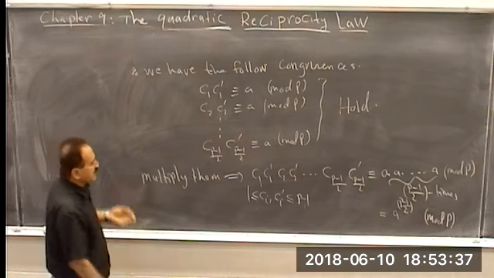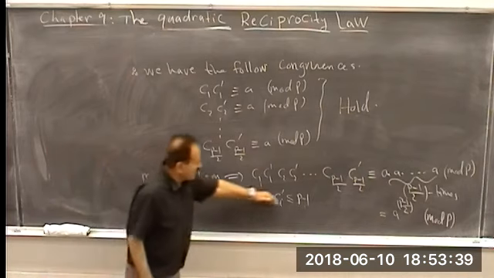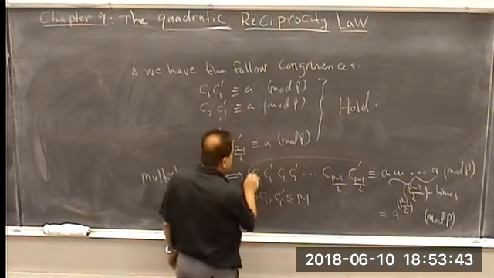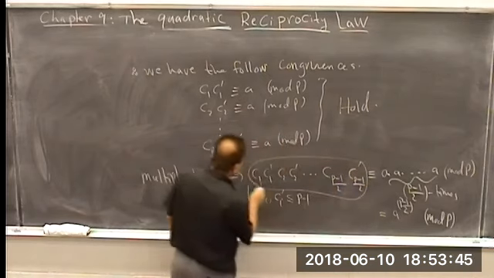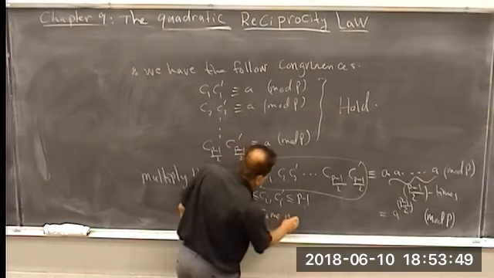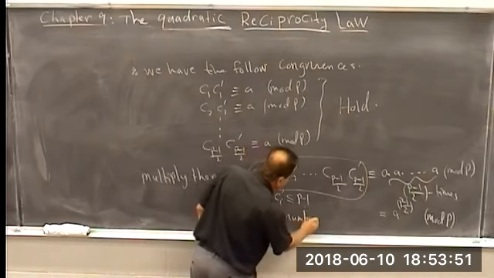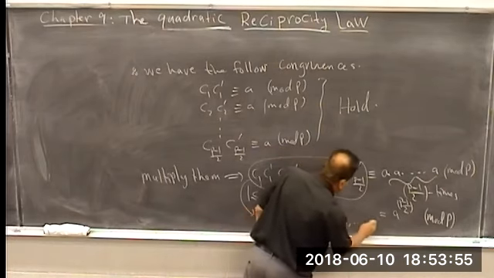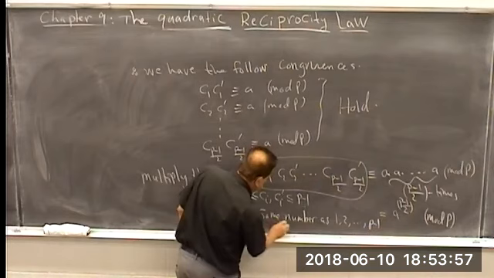And they cover the whole range of these numbers. So these are going to be actually the same numbers as 1 up to P minus 1 in some order.